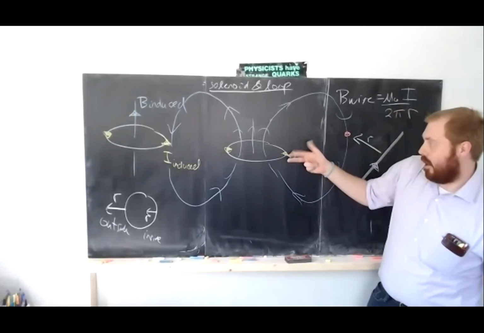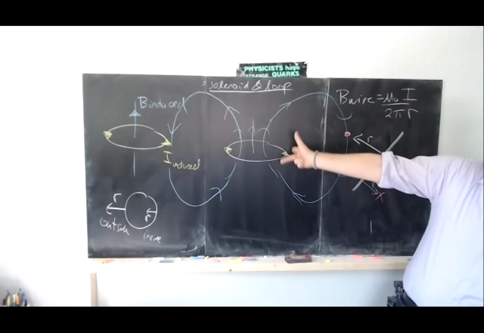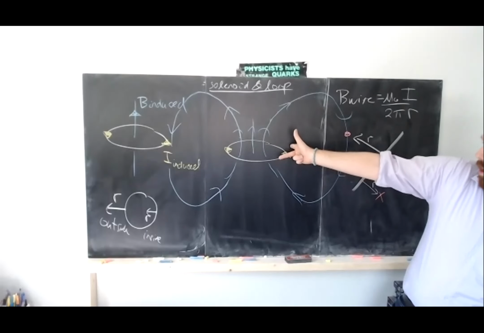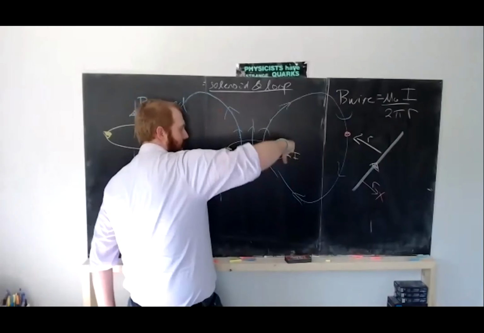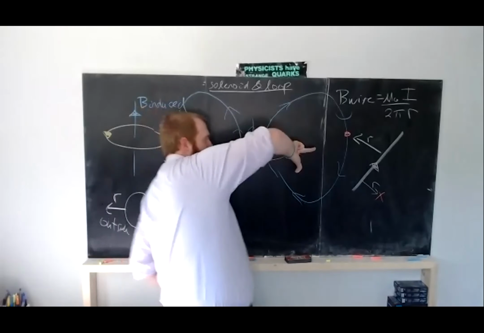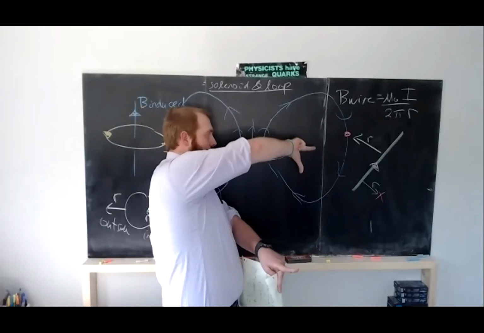So if I measure inside this loop, I see magnetic field going up. If I go outside the loop, I see magnetic field going down.